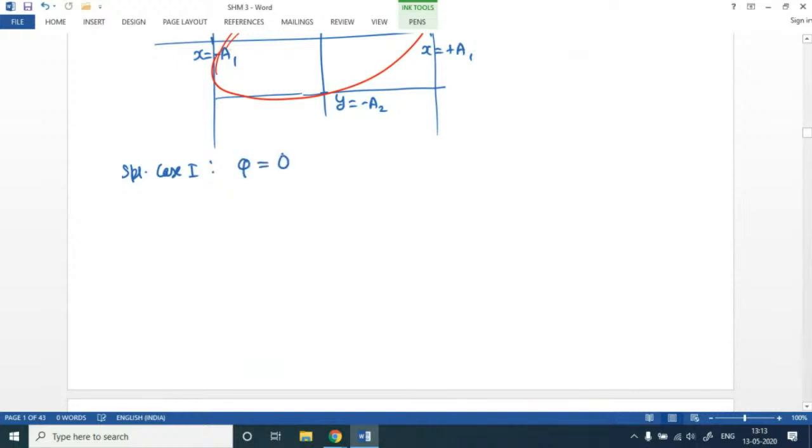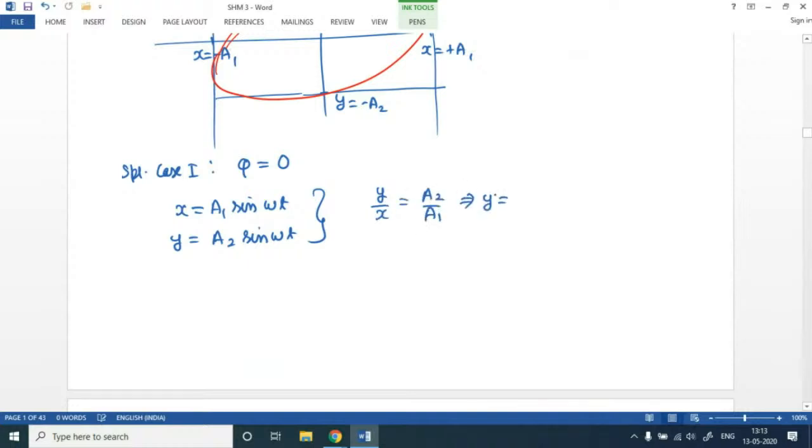Substituting the value of phi in the equation we got earlier, or alternatively, since we have x is equal to a1 sine omega t and y equal to a2 sine omega t when phi is 0, when we divide these two equations, y by x would simply be a2 by a1.